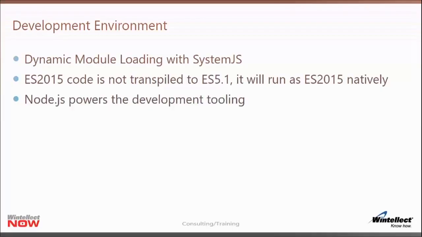Now, the ES 2015 code, as mentioned before, is not going to be transpiled to ES 5.1. It will run natively as ES 2015. This is actually really important because sometimes when we're doing all this ES 5.1 transpilation, the code that's resulting isn't really pure running ES 2015 code.